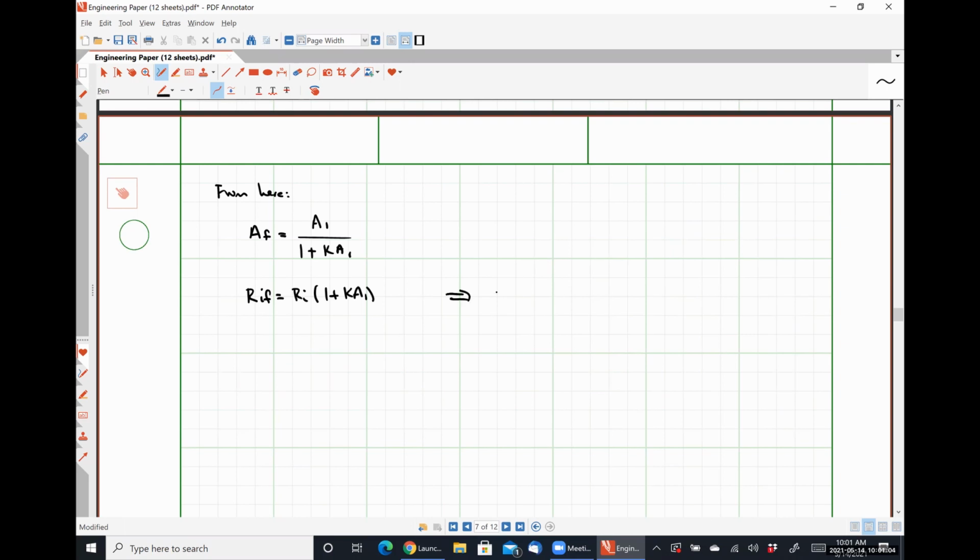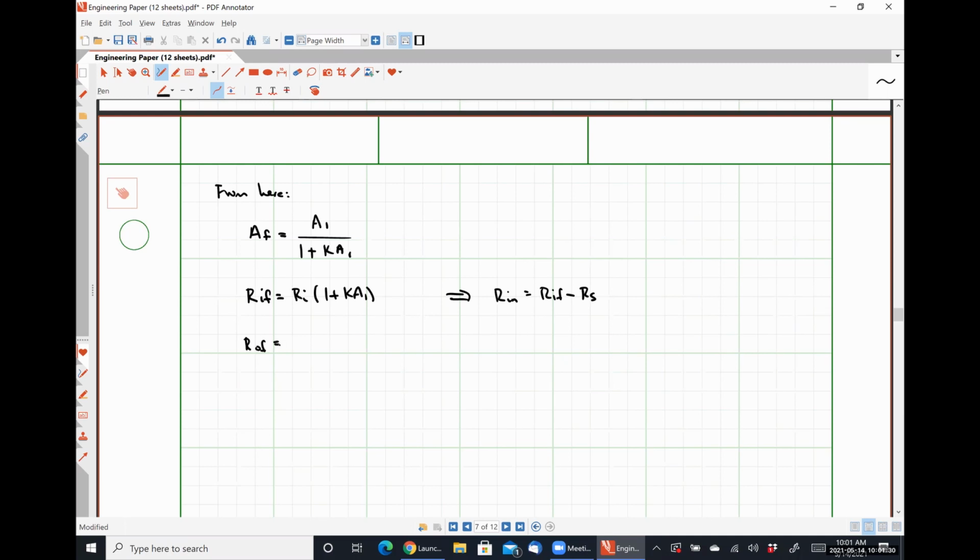And from this, our input resistance with feedback, where we are effectively extracting the source resistance out of it, is RIF minus RS. So this is just of the feedback of the network itself without including the signal resistance.